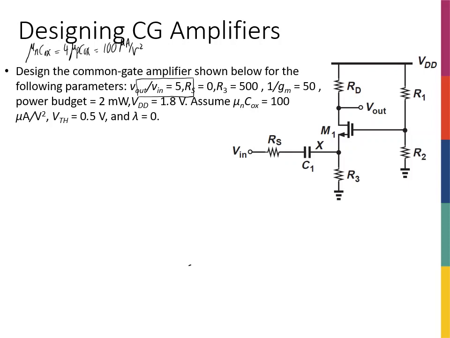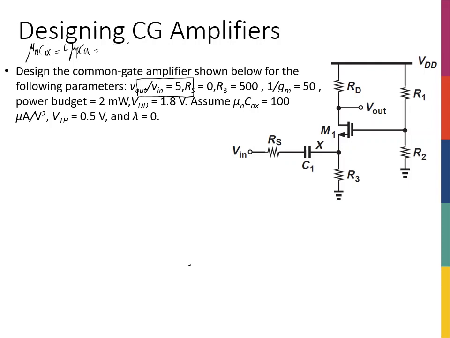A lot of you couldn't even plug in the numbers. You couldn't use the fact that mu n Cox is 100 microamp per volt squared, and mu p Cox is 4 times less than that, so 25 microamp per volt squared. These are very basic stuff, but I guess the stress of a quiz or the exam might affect your performance.